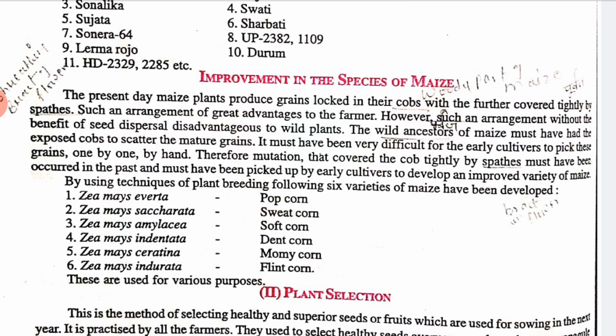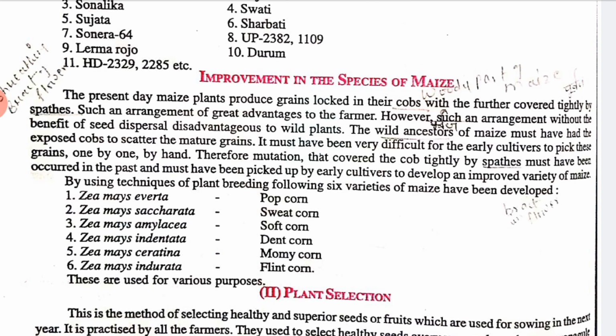Such an arrangement is of great advantage to the farmer. However, such an arrangement without the benefit of seed dispersal is a disadvantage to the wild plant. The wild ancestors of maize must have had exposed cobs to scatter and mature grain.